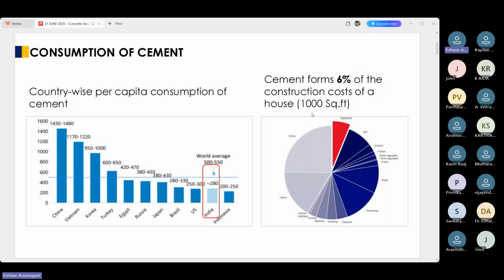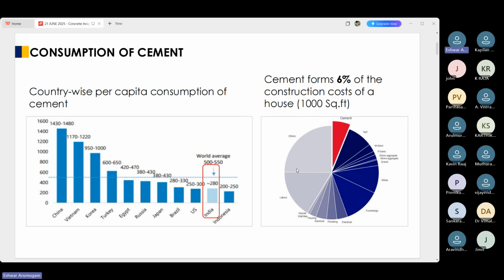And if you look at the second diagram over here, we can see that cement forms a basic raw material for any construction, be it roads, rail, houses, etc. Take this example of a 1,000 square feet house.